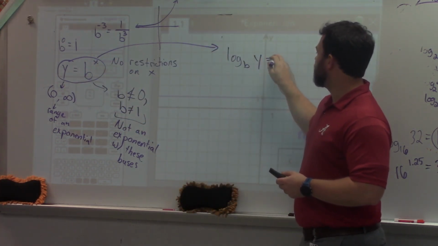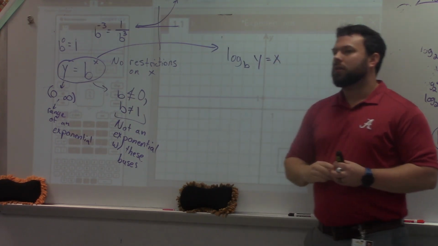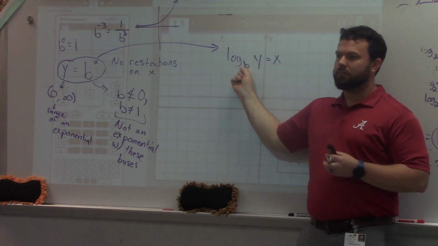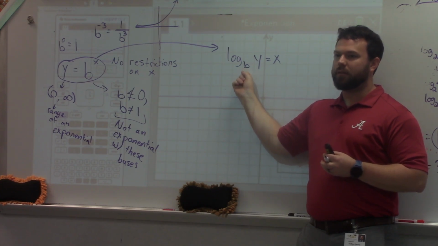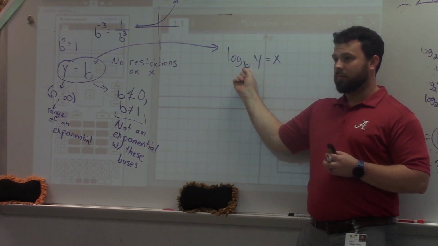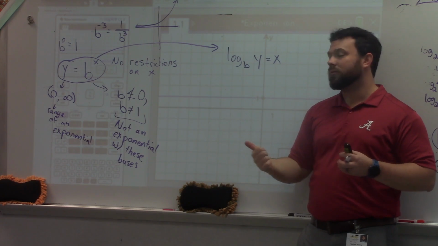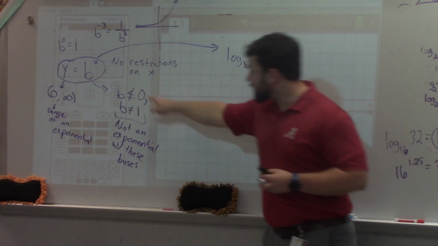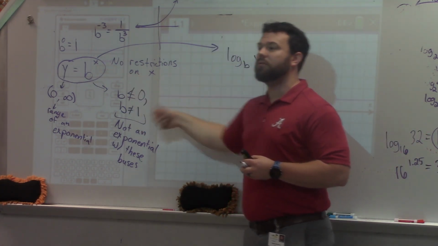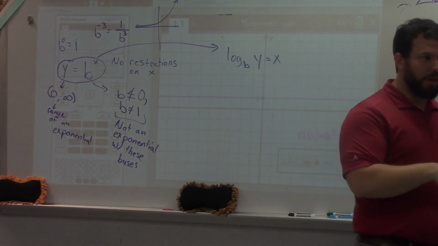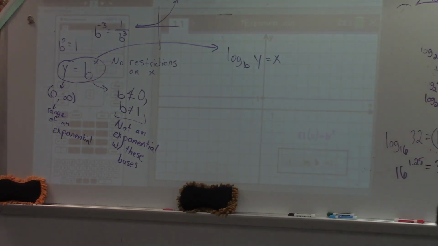Log base b of y is equal to x. So what's going to be the restrictions on b for this logarithm? What can b not be? It cannot be 0. It can't be 1. It can't be negative. The same restrictions on the base in the exponential are the restrictions on the base in the logarithm.